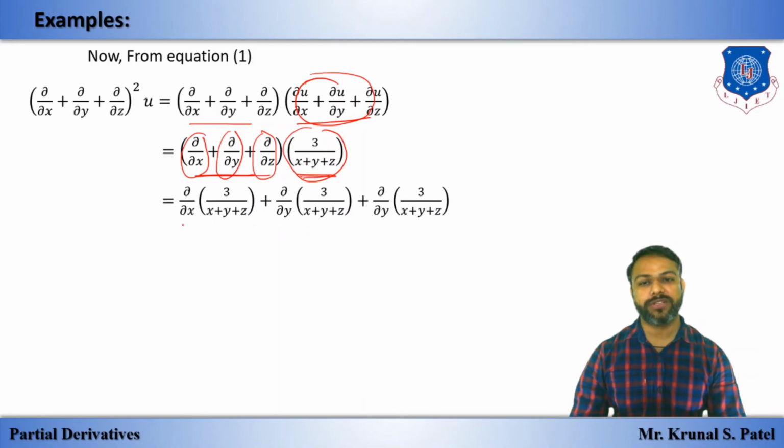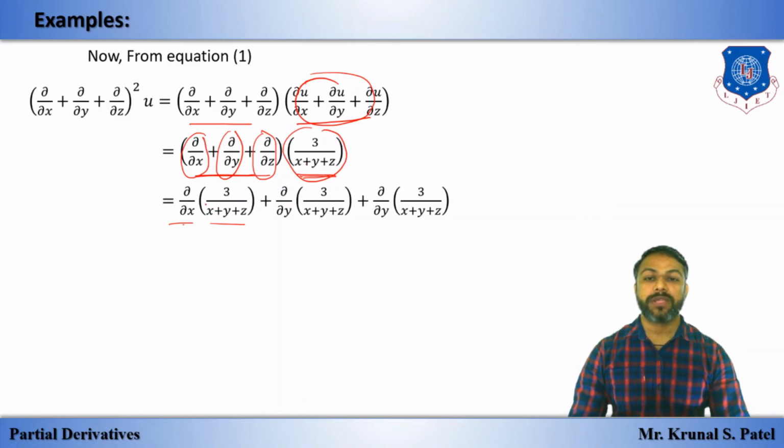Now first we will differentiate 3 upon x plus y plus z with respect to x. Here I want to give one logic for how we can apply this directly. You have already studied it in 12th standard, but I just want to repeat.